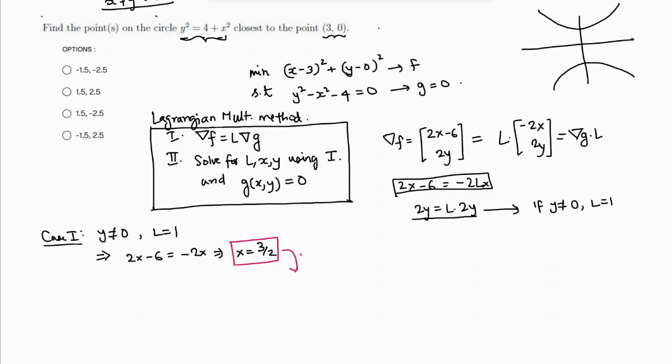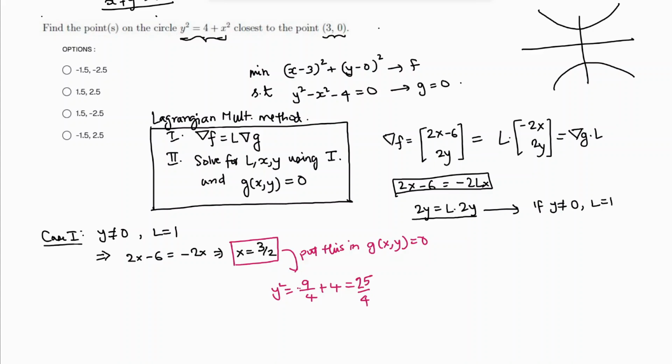So put this in g(x,y) equal to 0. So what will we get? y square is equal to x square plus 4, and x square is (3/2) square, so 9 by 4 plus 4, which will be equal to 9 plus 16 by 4, which is 25 by 4.